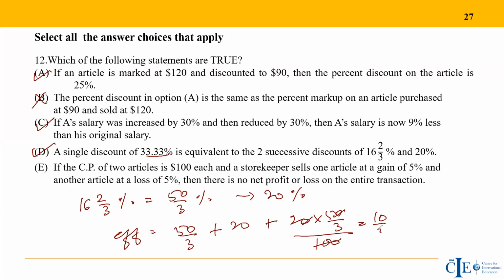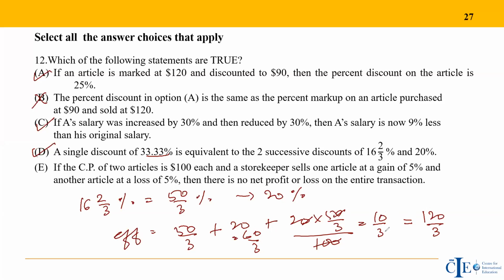And 20 I can write as 60 by 3, so that I have everything over 3. So finally, the effective percentage change would be 50 by 3 plus 60 by 3 plus 10 by 3. So 50 plus 60 is 110, and 110 and 10 would be 120. So 120 by 3, right?